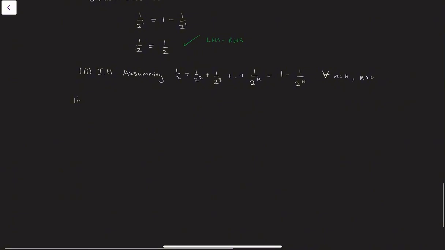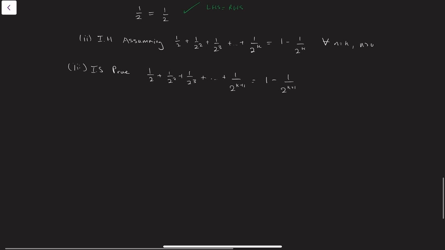Great, now we have to do our induction step. Prove that 1/2 plus 1 over 2 squared plus 1 over 2 cubed plus dot dot dot plus 1 over 2 to the k plus 1 is equal to 1 minus 1 over 2 to the k plus 1.